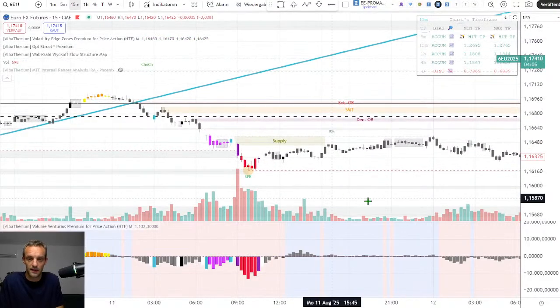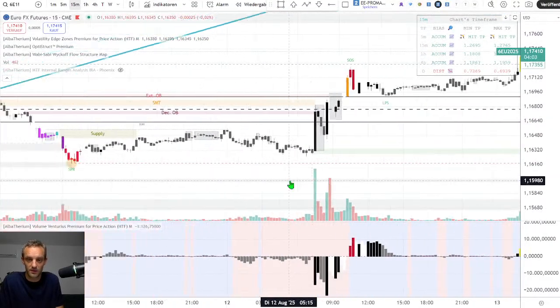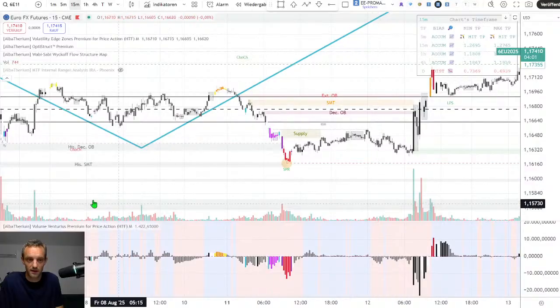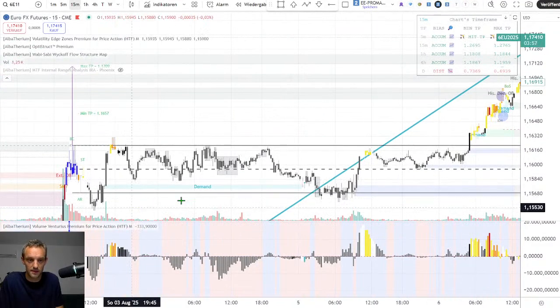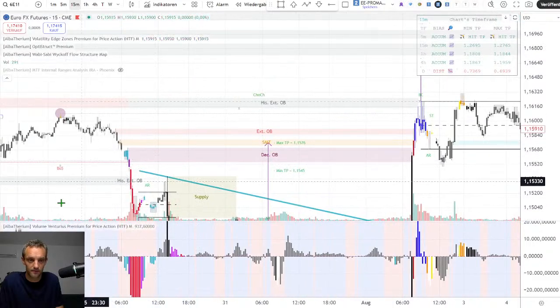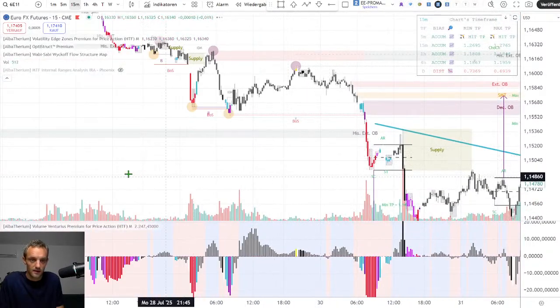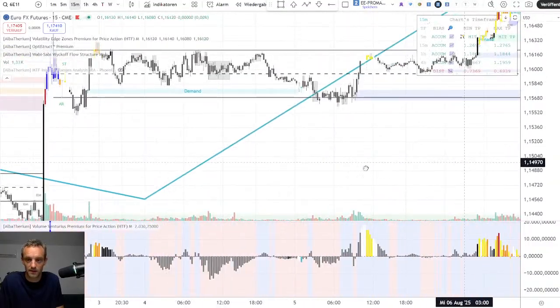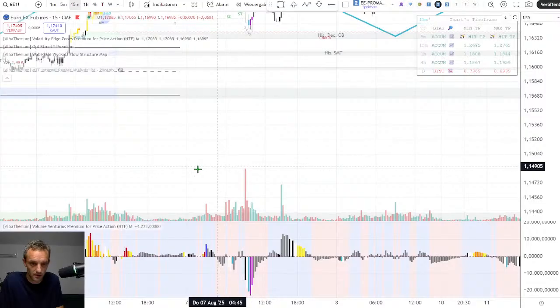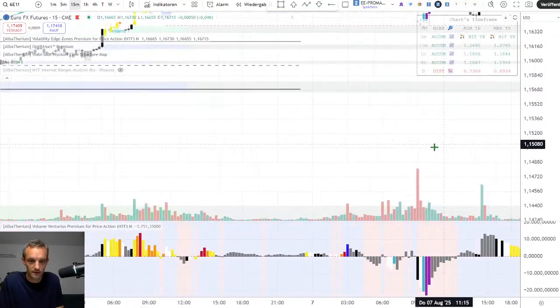We have the same in the other direction. We have extreme buys. The most important thing, where do we have a clear one? This one is pretty clear.